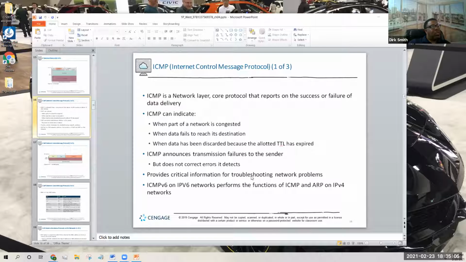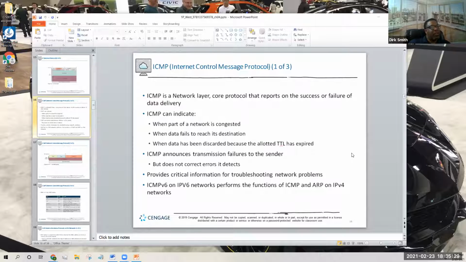So Internet Control Message Protocol is a network layer core protocol that reports on the source or failure of the data. ICMP can indicate when part of a network is congested, when data fails to reach that part of the network, or when data has been discarded because the TTL has expired.